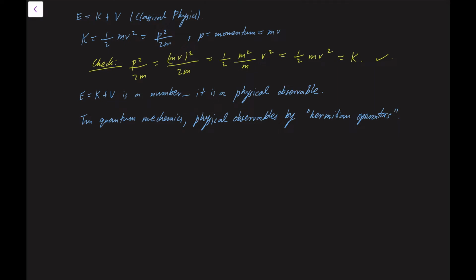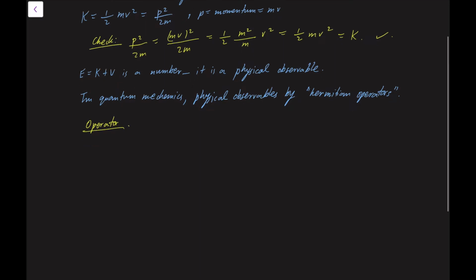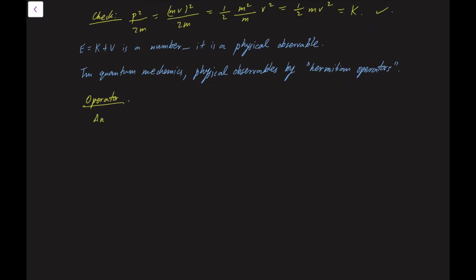So an operator, let's talk about that. An operator is a mathematical object that takes a function, or really a space of functions, and maps that to another function.